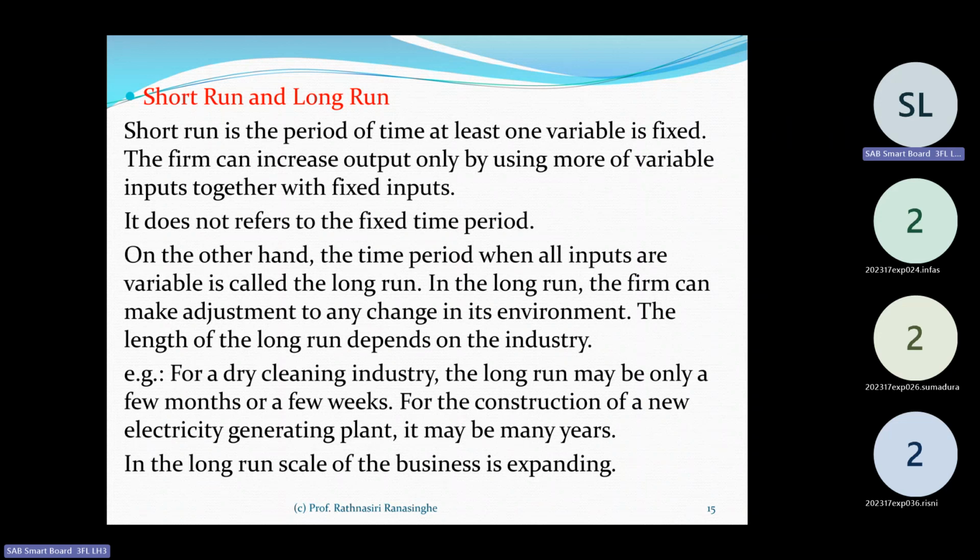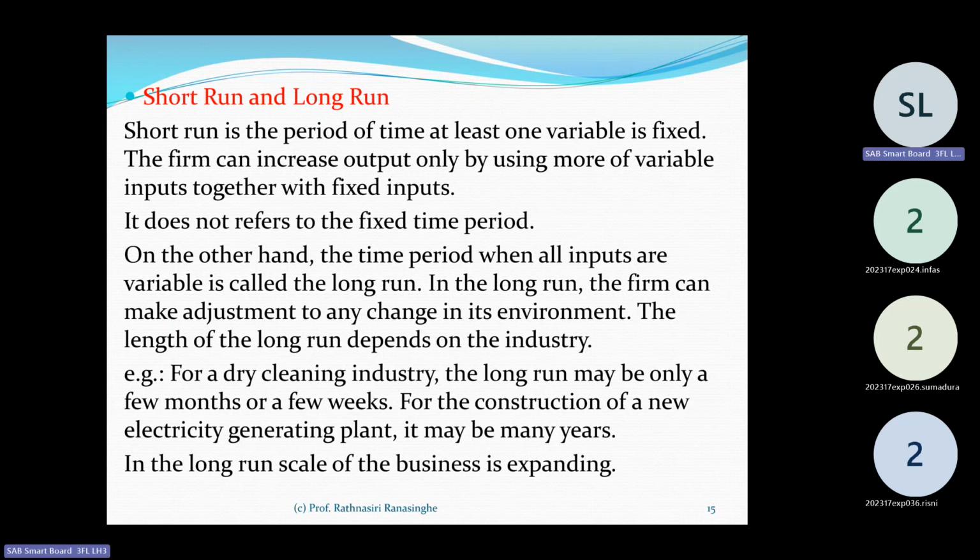So that's why we also talk about returns now. In the short run, what do we do? We try to maximize the output by hiring more and more labor inputs, because labor is the variable factor. Suppose we take labor and capital.